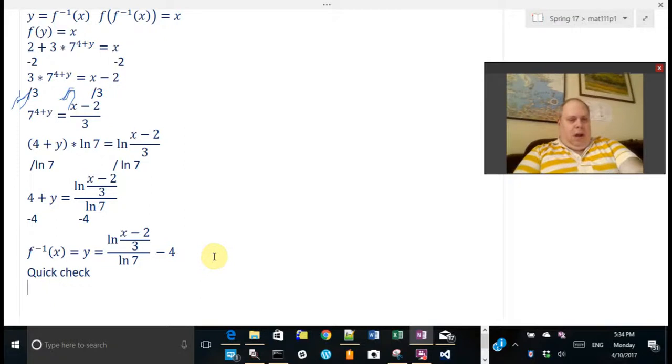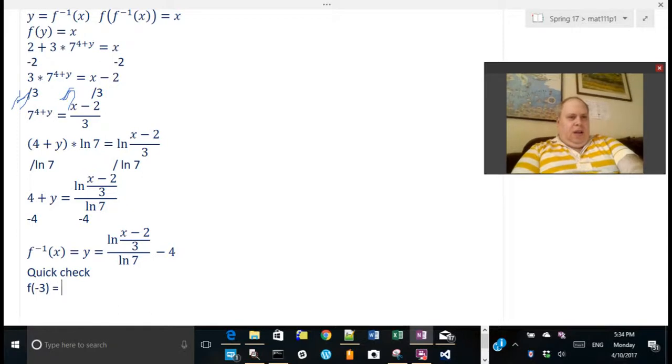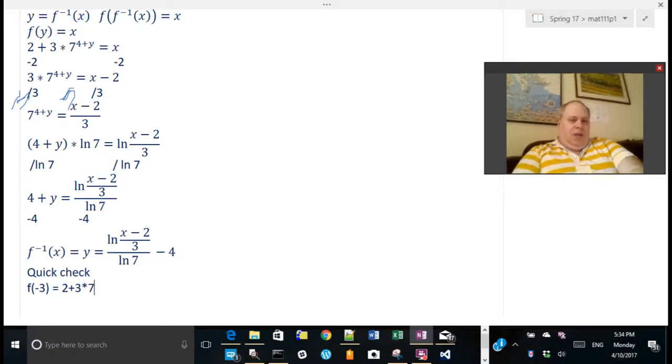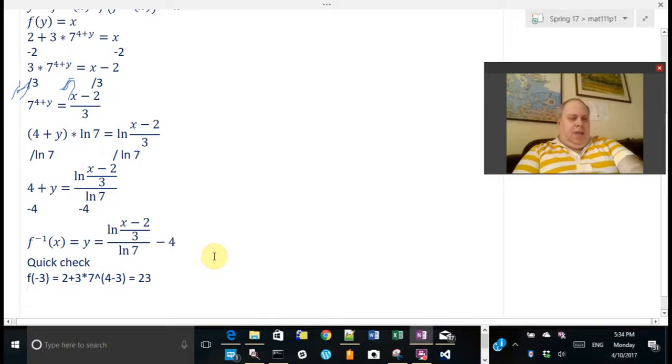So f of minus 3 equals 2 plus 3 times 7 to the power 4 minus 3, which equals 23. Now, if I plug 23 into the f negative 1 formula, I should get back minus 3, if this is right.